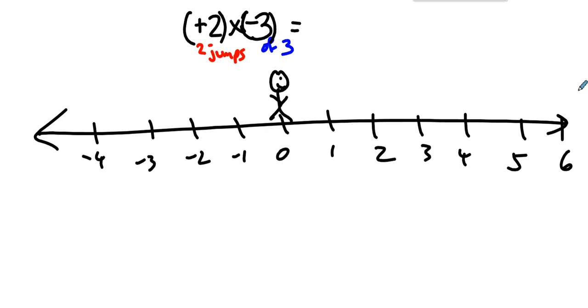If we're facing the positive end of the number line, but we're jumping backwards, 2 times negative 3 is negative 6. And this sort of thing is consistent with our previous work with the number line model.